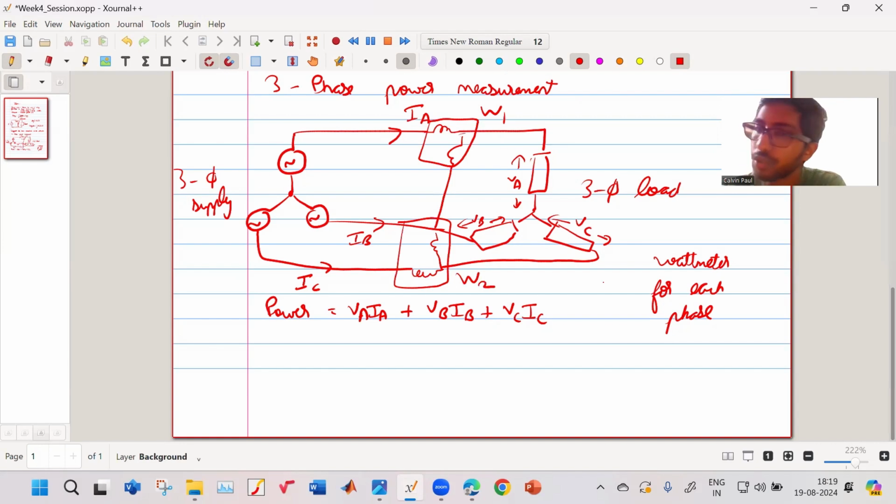So using only 2 wattmeters, you can measure 3-phase power. This is in case when there is no return path. When it is a 3-phase 3-wire connection, you can use 2 wattmeters and you can measure 3-phase power.